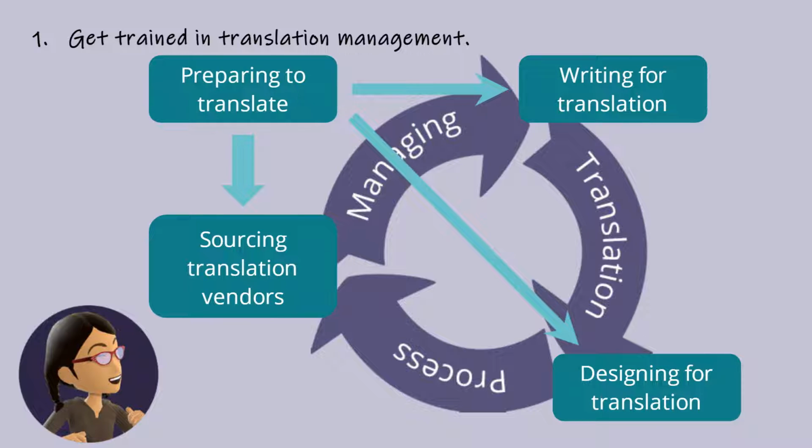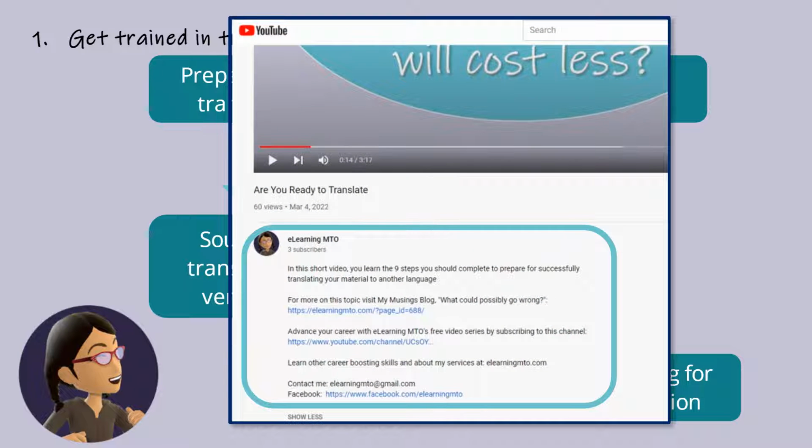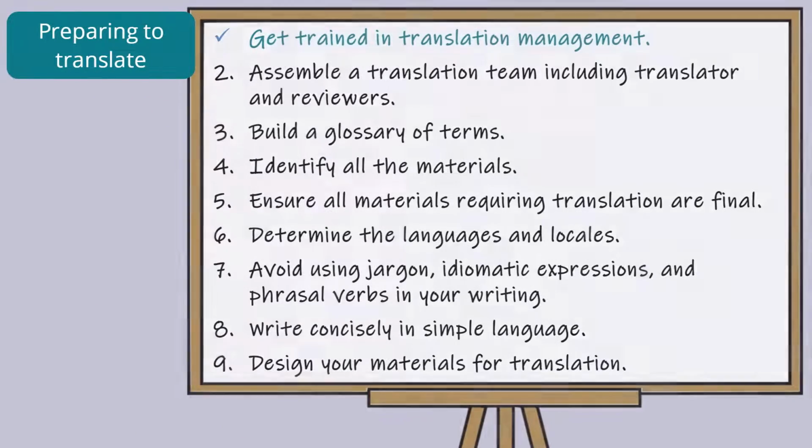In this video, I will show you where these processes fall in the 9 steps and the pieces that apply to them. In subsequent videos, the YouTube description will indicate which roles are most affected by the material presented. Watching this video is the first step in getting trained in translation management.